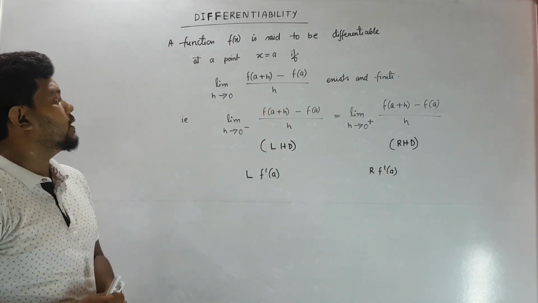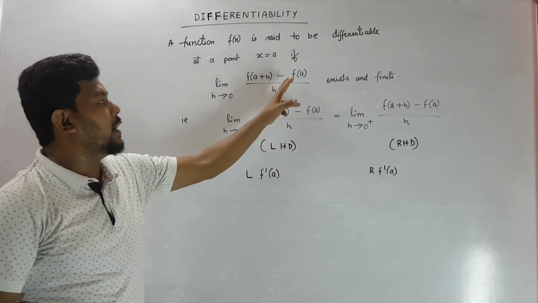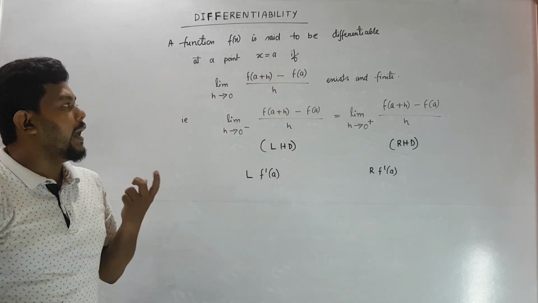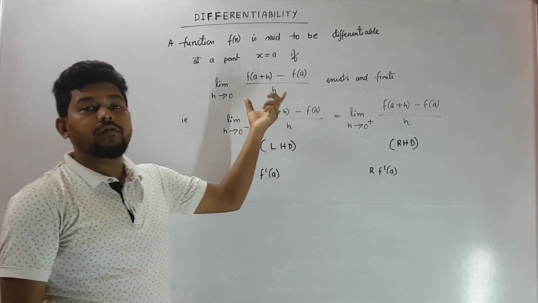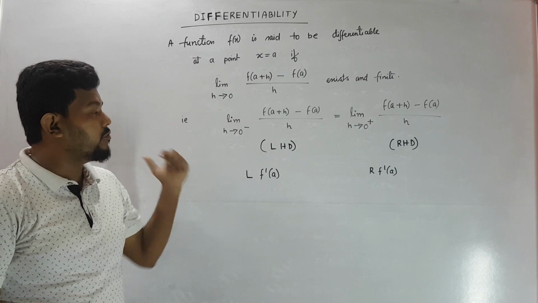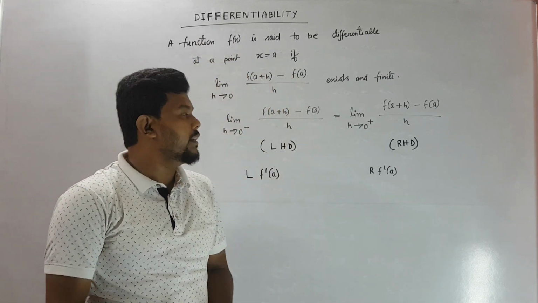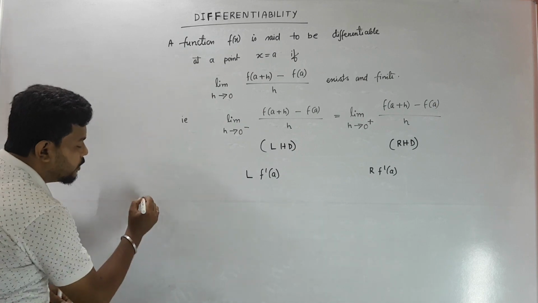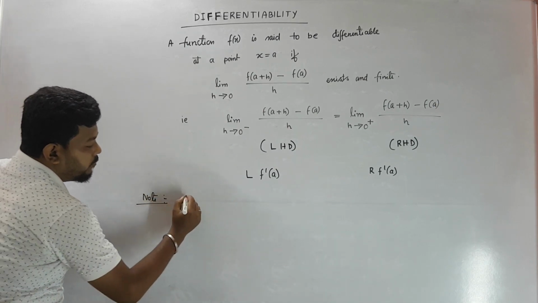So, what is limit h tends to 0 f of a plus h minus f of a by h? Actually, this value denotes the value of dy by dx of a function y equal to f(x) at a point x equal to a.